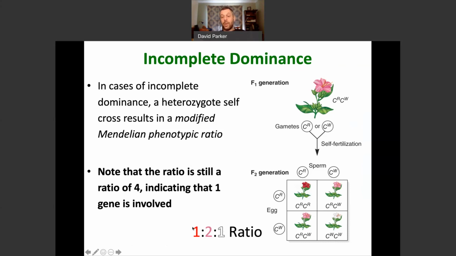Importantly, you add these up and you still get a ratio of 4. That tells you that one gene is involved, and that gene has 2 alleles. Just that this time we're looking at incomplete dominance, not the classic Mendelian complete dominant situation.